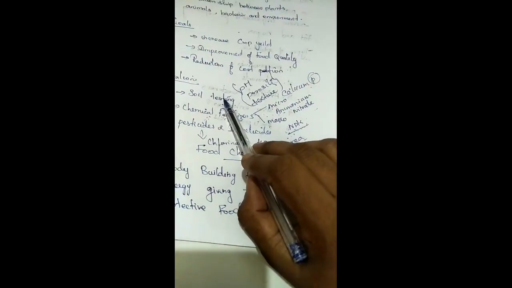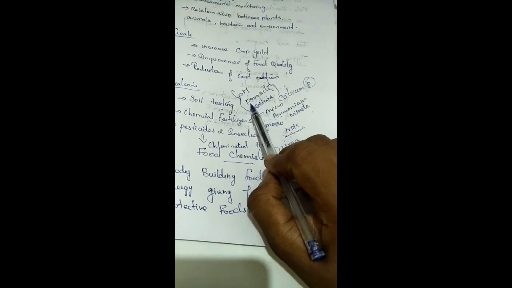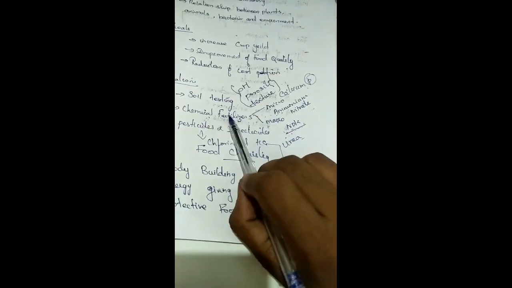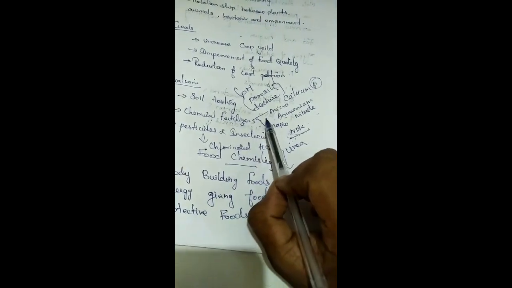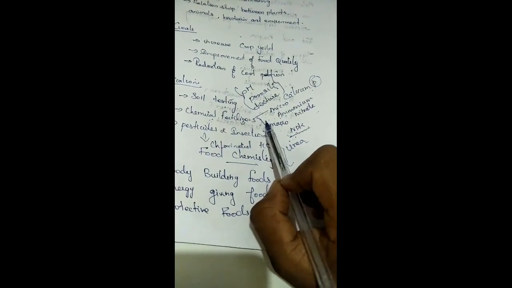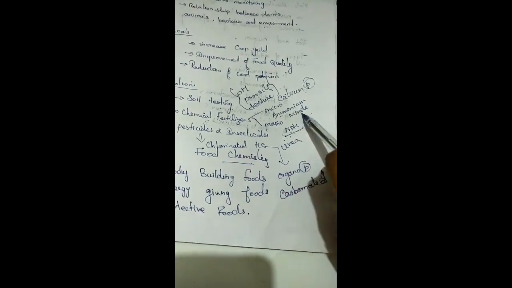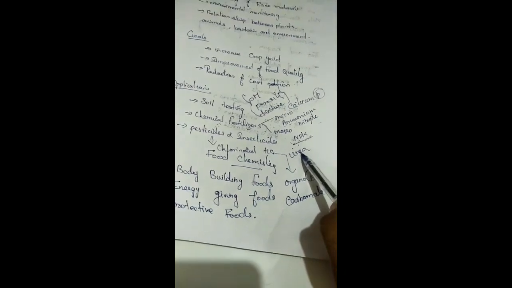So in soil testing, the chemist will test the pH of the soil and check the porosity and texture. These three are important in soil testing.